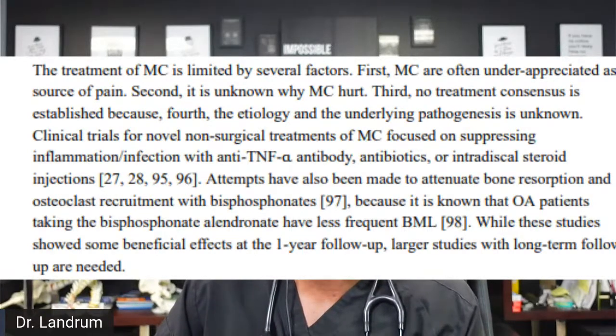But what really needs to be done is further studies. So this is, for lack of a better way of saying it, cutting edge evaluation of what other pain can exist in different parts of the body that sometimes is missed because we just don't know that this is an actual cause.